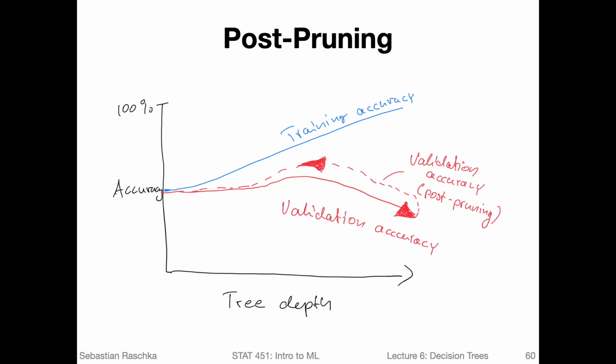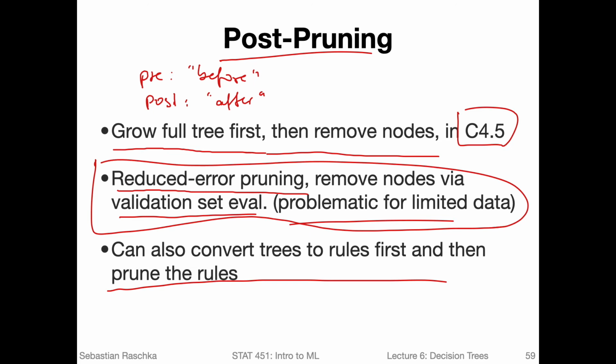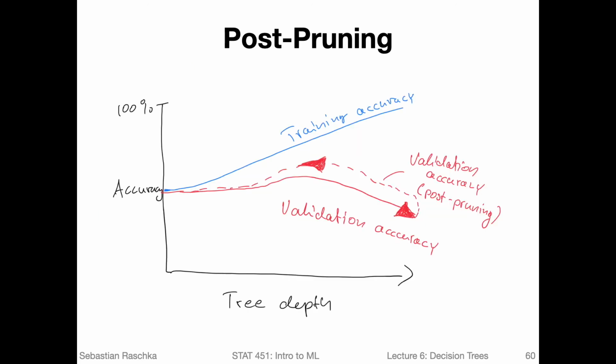Here's a sketch of how the second step works, so the reduced error pruning. So here I was drawing the basic concept behind it. So assume you have drawn or created a decision tree that is pretty deep, like this.